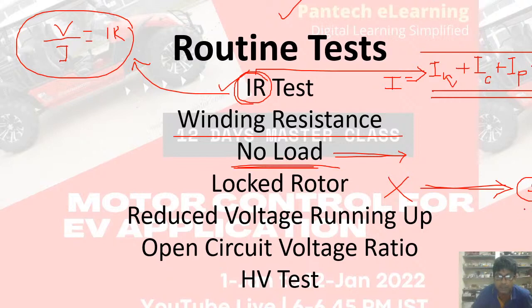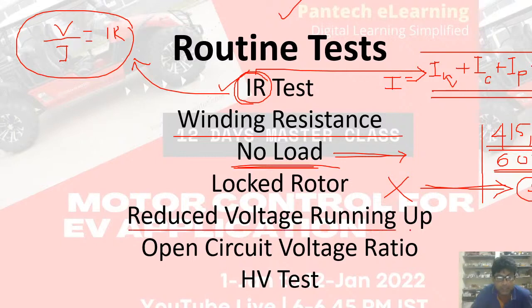If you lock the rotor by some arrangement and apply the voltage, say motor rated voltage is 415 and its full load current is 50 ampere, now using a variable transformer, that is an auto transformer, if you increase the voltage from 0, within say 60 volt it will start to draw that 50 ampere. Why it is required, I will tell you. So this is called the lock rotor test.